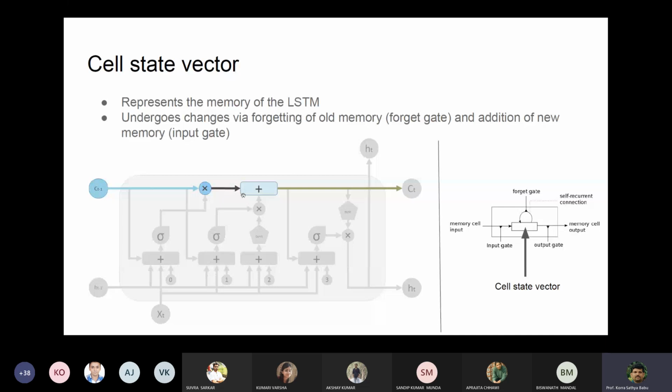It means what data needs to be forgotten and which needs to be carried forward when new information comes. Suppose I am speaking about a person, for example, Ram and Syam were very good friends. Ram was a very good boy. Then Syam is a very intelligent boy, and he used to always score first.